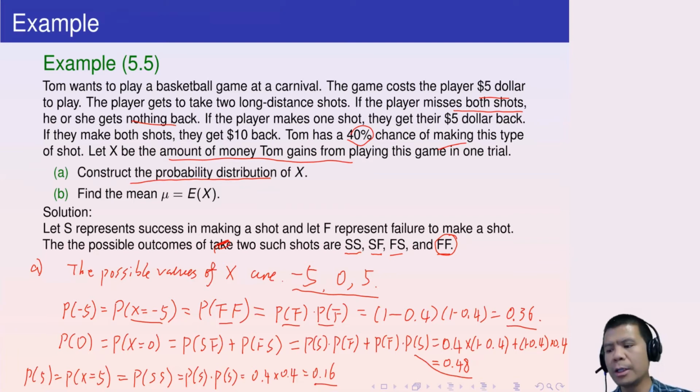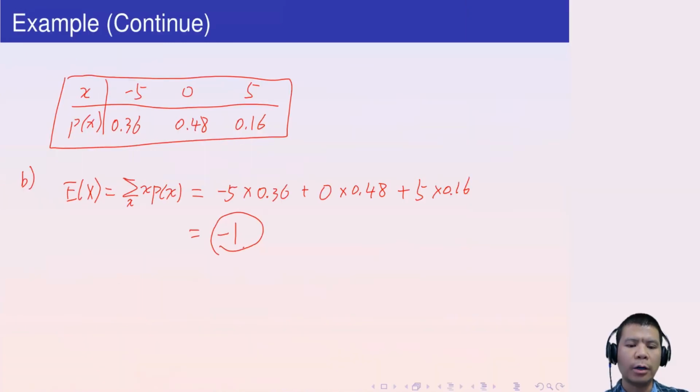He will lose $1 on average for playing this game. Okay, so now this -1 is negative, which means on average, Tom will lose money. Lose how much? $1.